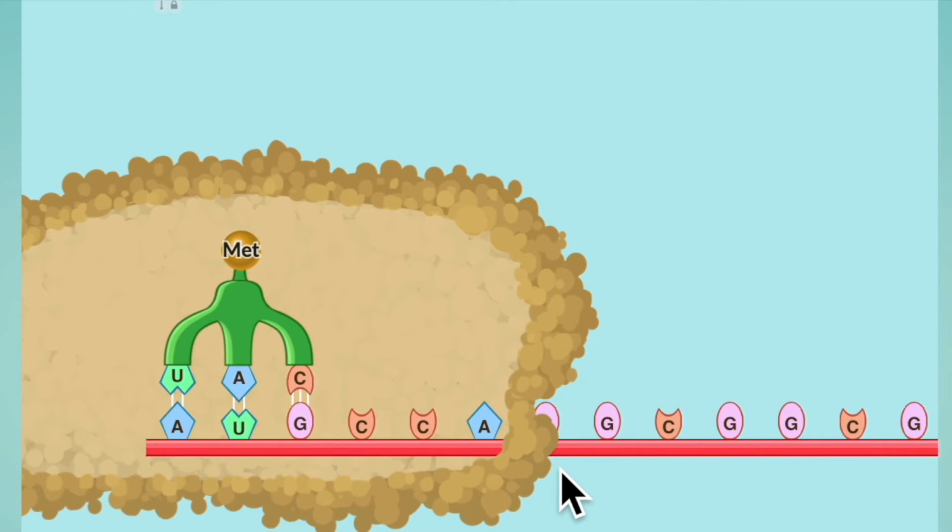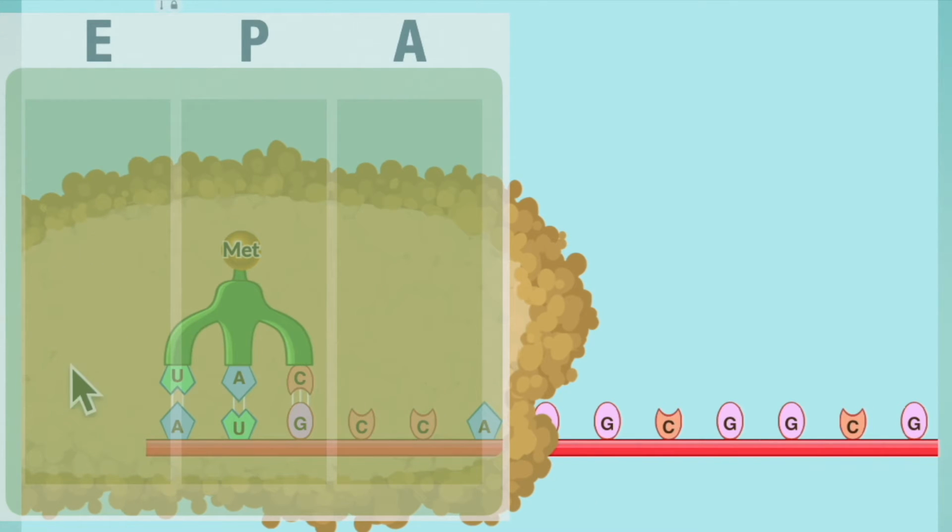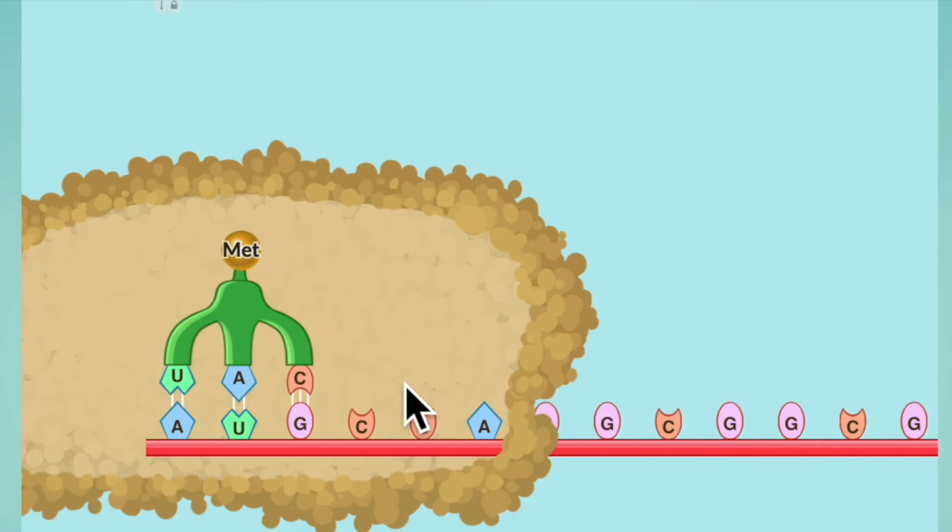Alright, so now let's go back to our ribosome. Inside the ribosome, we have 3 regions. We have an E for exit, and then P for polypeptide transferring region, and then A for the attachment of new tRNA. Right now we have our first amino acid in the P region, and this is our codon here.